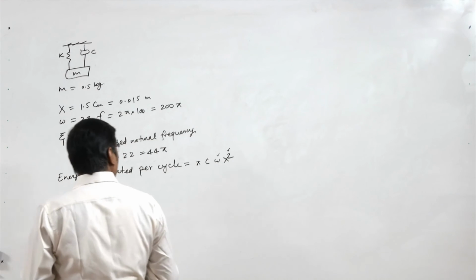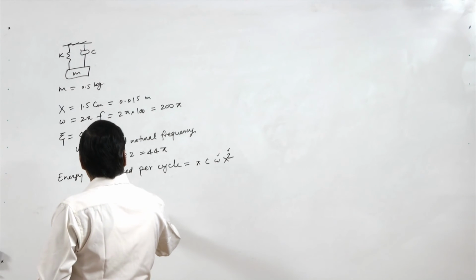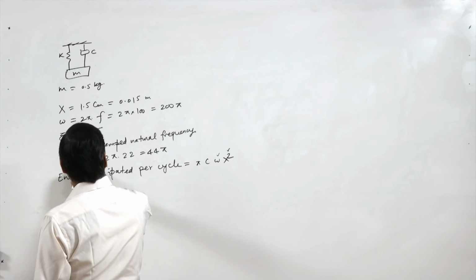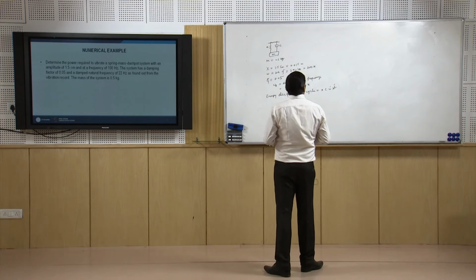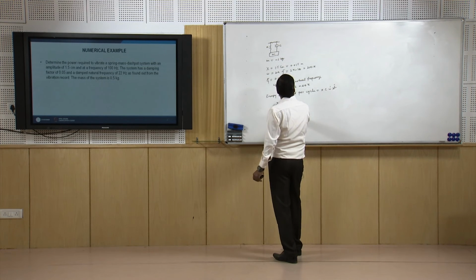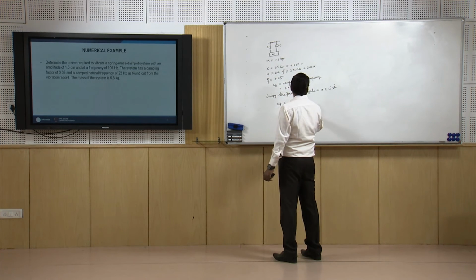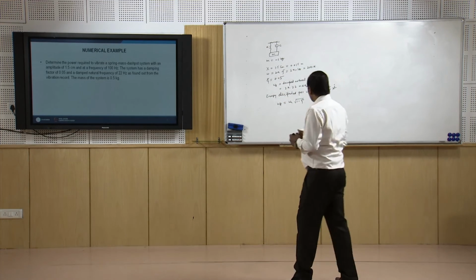C is the damping of this system. So to get the damping, we have omega d. Omega d is equal to omega n root 1 minus zeta square. So damped natural frequency is root 1 minus zeta square into omega n.